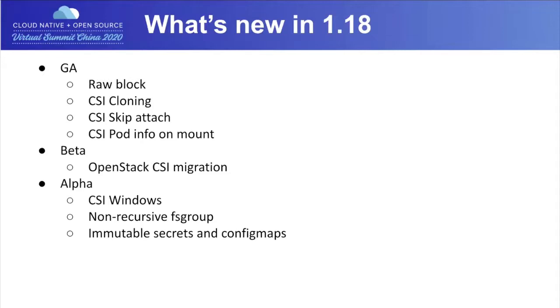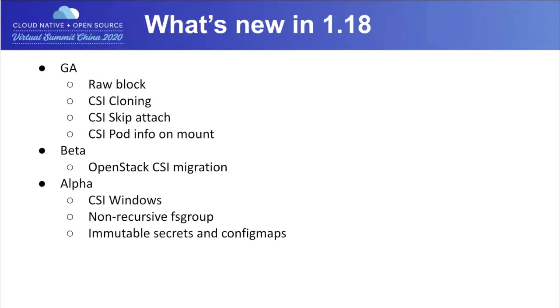This is very time consuming for volumes that have a lot of files in them. So this alpha feature is providing an option to optimize that so that we don't have to actually recursively walk a volume on every single mount.